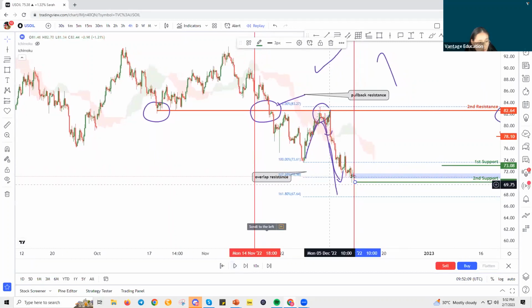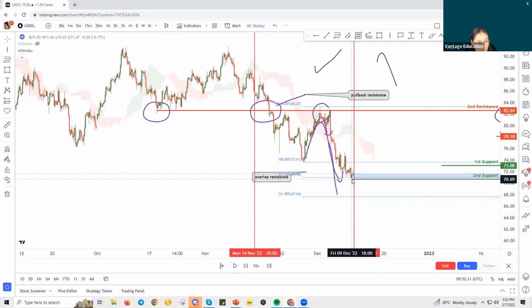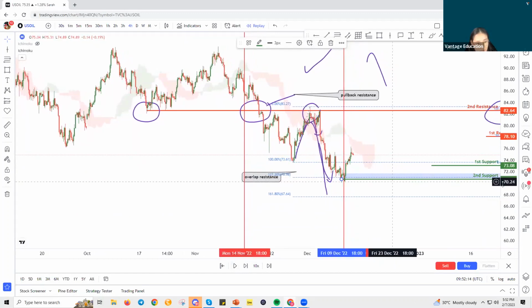So then it will hit this level, as you can see here, and then it will reverse off. And that's how our second support came about. Okay, I hope that answers your question. Pullback.